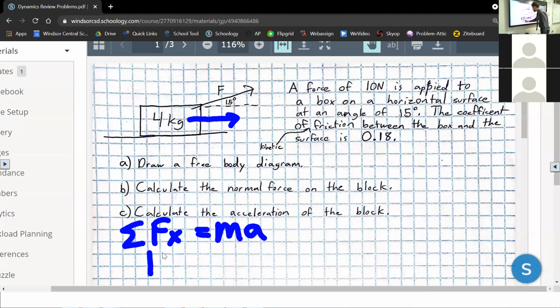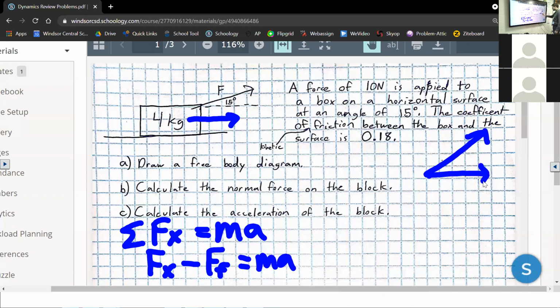So we're going to have the x component of our force minus our force of friction. And that should be equal to m times a. So if the force is like this, going up, we want the x component of that force, which is going to be F cosine of theta in order to get the adjacent side from our angle.